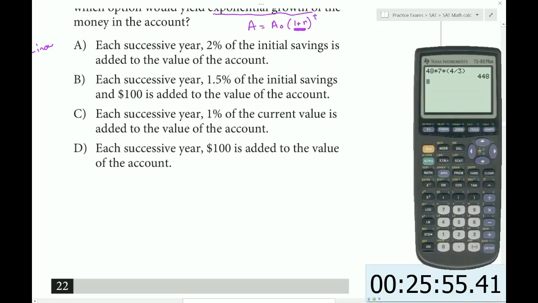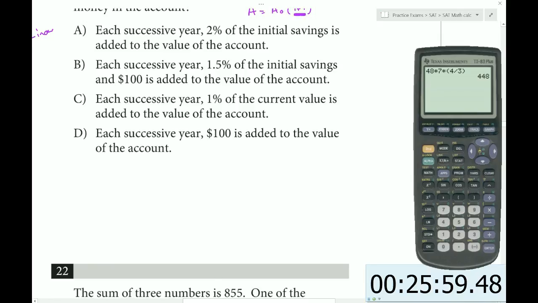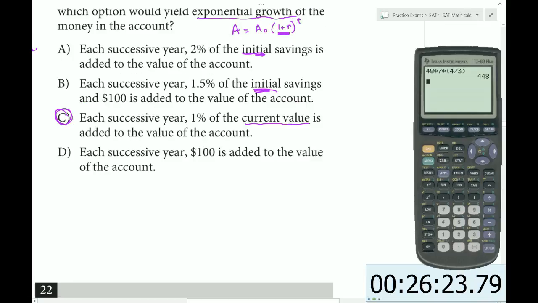Another way to look at it, the difference between the linear and the compound interest is, are we adding a percentage of the original, or are we adding a percentage of the current? So if you notice that this one has a percentage of the current value, so this is going to be our best answer, right? Because the other ones add a percentage of the initial value, and that is basically a constant number, right?